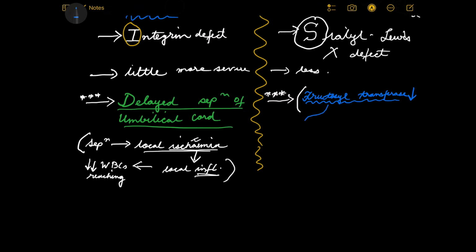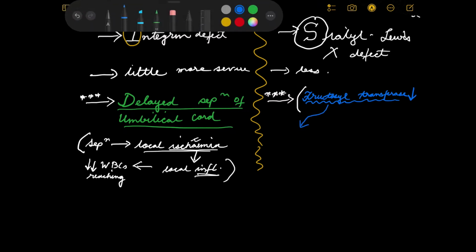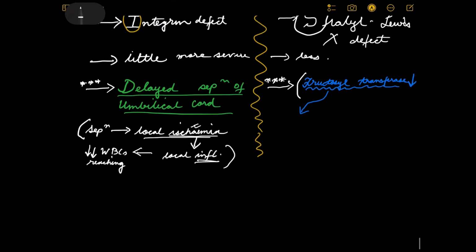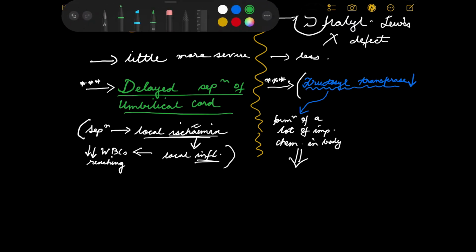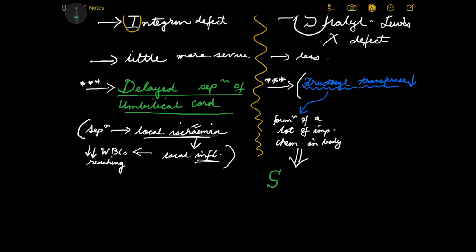One function is actually not a very specific function, but it is the formation of a lot of very important chemical mediators in our body, which would mean that if fucosyl transferase is deficient, the clinical manifestation here is that the patient would have short stature.